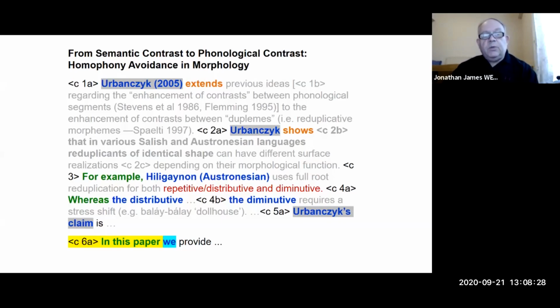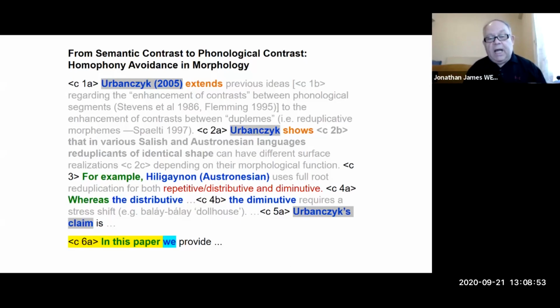And that continuous thematic progression, that continuity, marks off a block of text. It's a kind of cohesiveness. It's a kind of texture. It's a pattern. The pattern is the choice of theme. You have 1 through 5, they're all about Urbanchik.